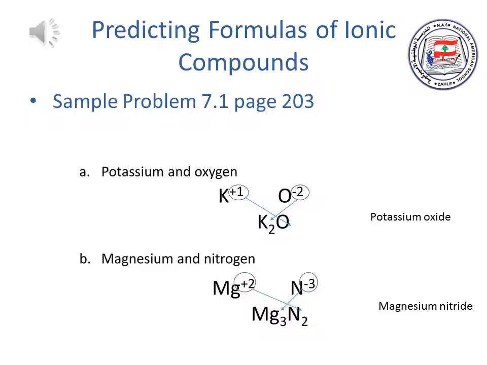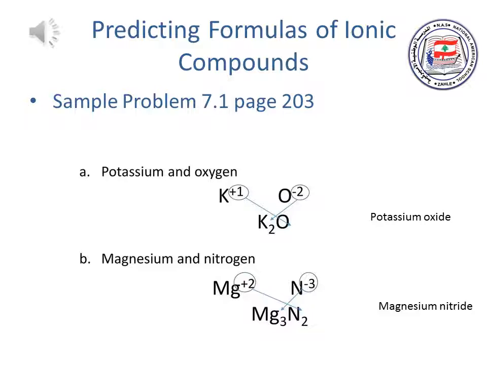Predicting formulas of ionic compounds. Now I'm going to do sample problem 7.1, page 203. The question is, predict the formulas of the ionic compounds formed from the following elements: potassium and oxygen. Potassium belongs to group 1A and the charge is +1.